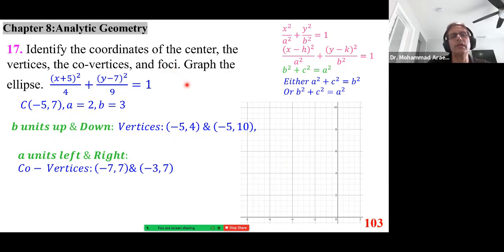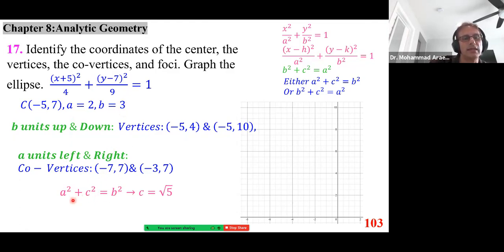Now, we want foci. Remember, we want the C, and whether we have a squared plus c squared equals b squared or this one, it depends which one is larger. Because b is larger, this is what we have. It's important to understand why we have this. With b larger, a squared is 4, b squared is 9, so c squared is 5.